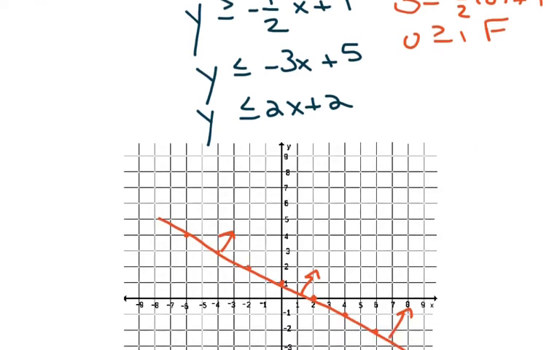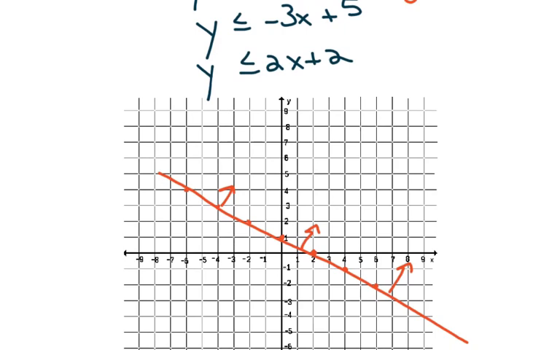All right, so now let's graph the next inequality, and I'm going to do that in a different color. y is less than or equal to negative 3x plus 5. The y-intercept is 5, the slope is negative 3, so I'm going to go down 3 to the right 1, down 3 to the right 1, down 3 to the right 1. I'm going to go up 3 to the left 1, just so I have a nice line.